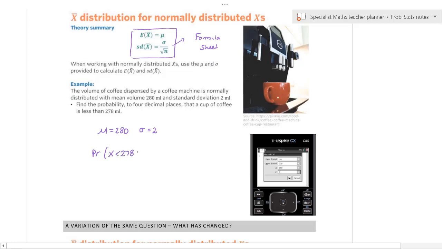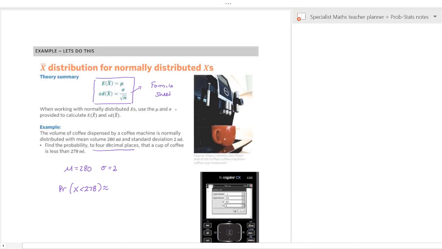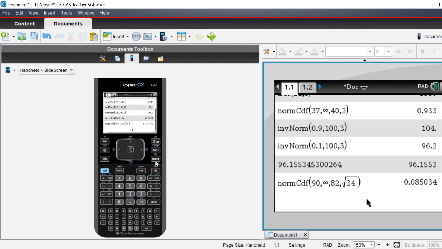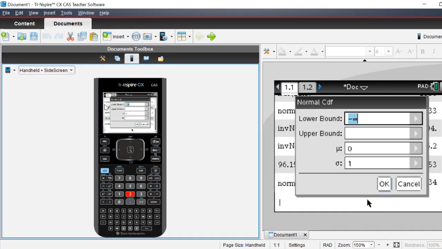Now, you don't have to do anything crazy here. It's 4 decimal places, so it's a calculator. So what is the thing that we're doing? That's right, it's menu 5 5 2.